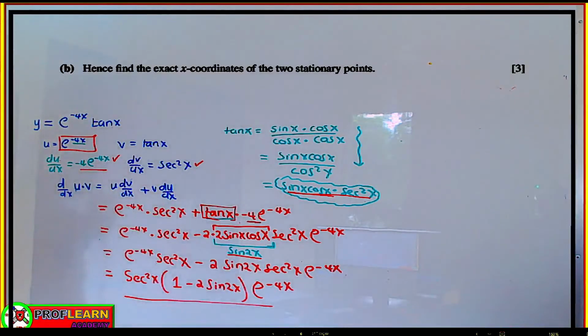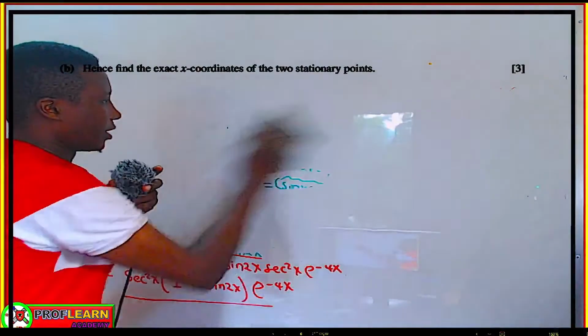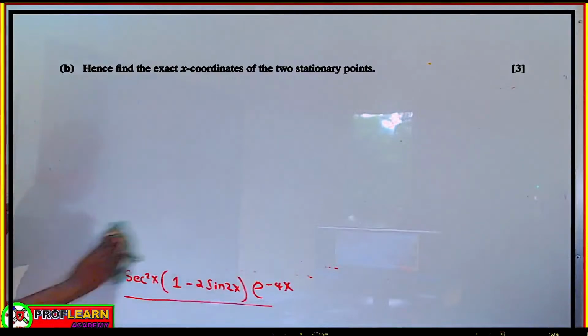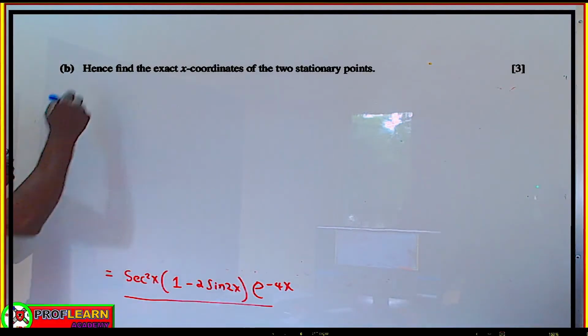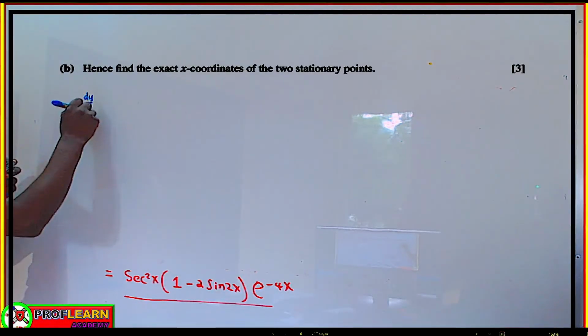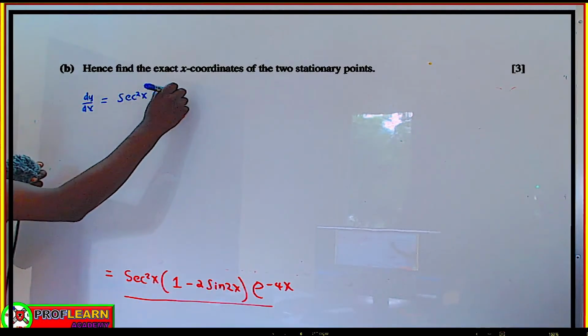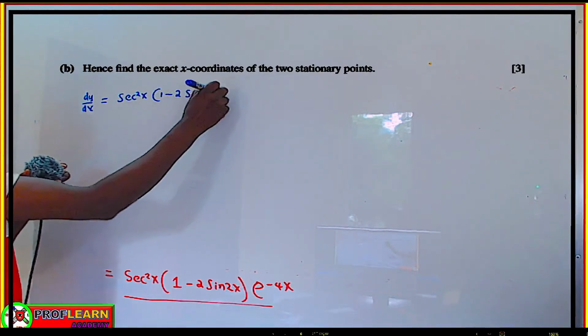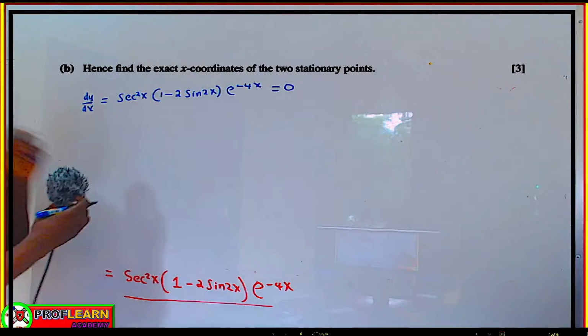Already we have our expression for the derivative, dy dx, is this one. Then we can go ahead and find the stationary point for x. So I'll just leave this part down here, and we are going to say that since our dy dx is equal to sec squared x into 1 minus 2 sine 2x exponent negative 4x, it is equal to 0 at the stationary point.